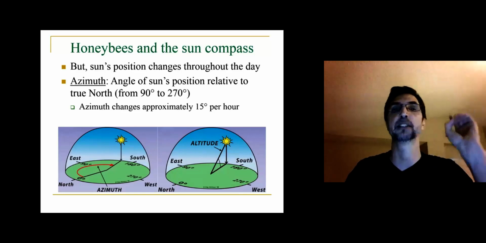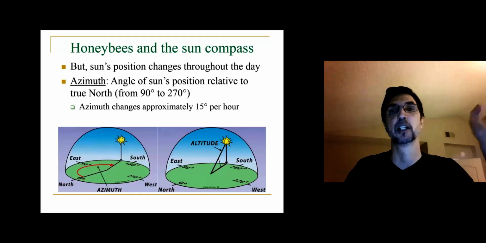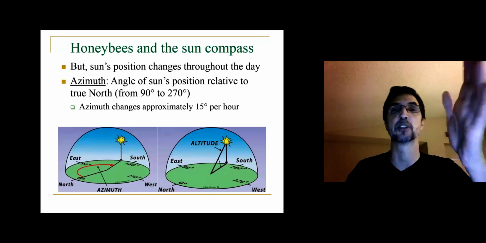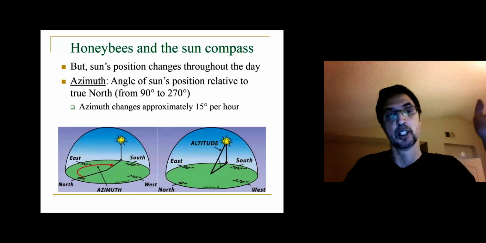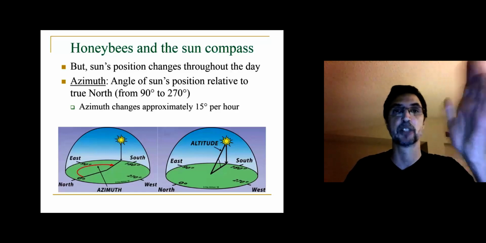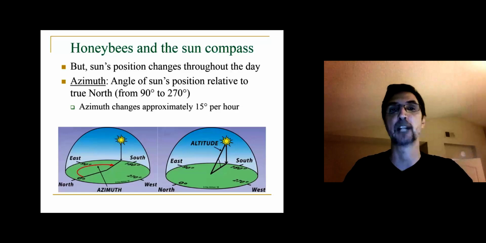So one of the things that changes about the sun's position relative to the horizon is the azimuth, which is the angle of the sun's position relative to true north. So if true north is 0 degrees, when the sun rises in the east, its azimuth is 90 degrees, as you can see in the figure.